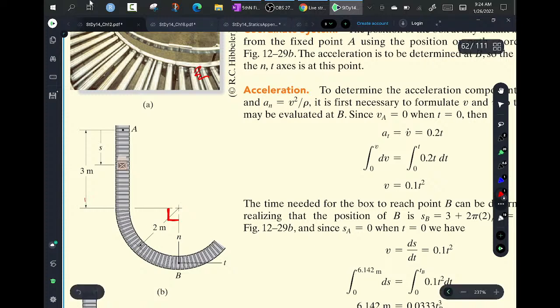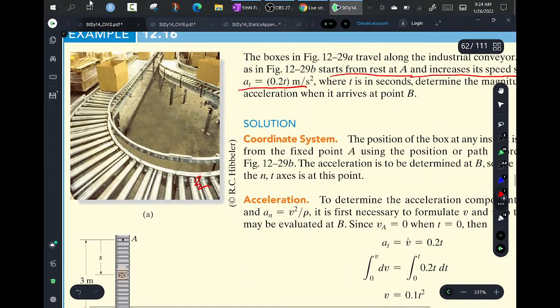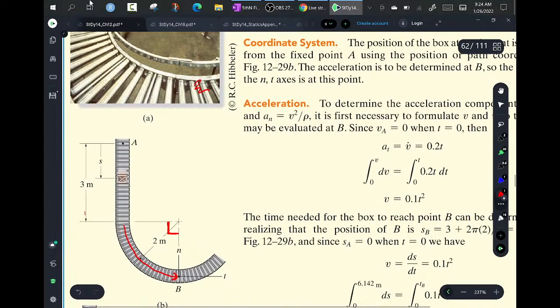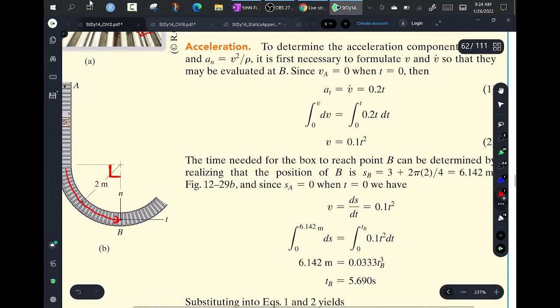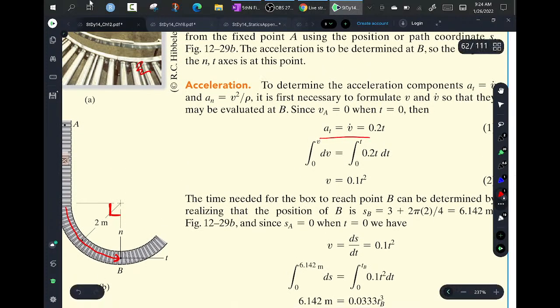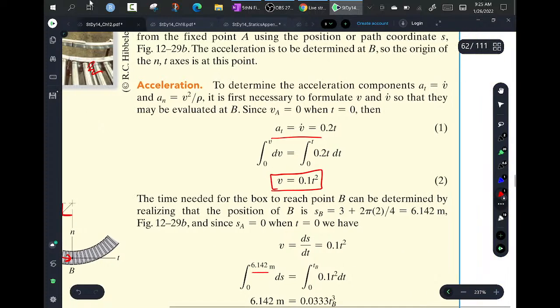So you go 3 meters, and then you have to work your way out to the point. Oh, that's a headache right there. So he's taking his acceleration, turning this into velocity, and then somewhere he's going to have to figure out this distance here. So it's 3 plus that 2 pi r. Oh, and he does a quarter circle.